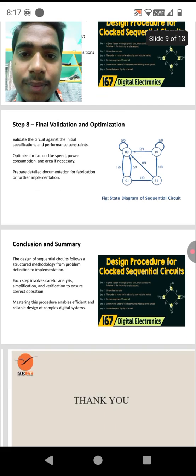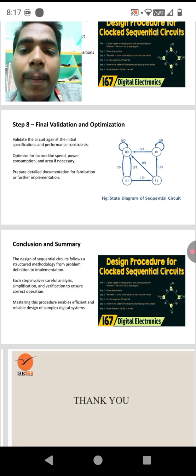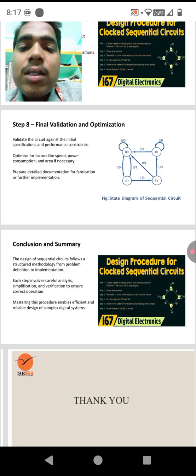Step 8. Final validation and optimization. Validate the circuit against the initial specifications and performance constraints.